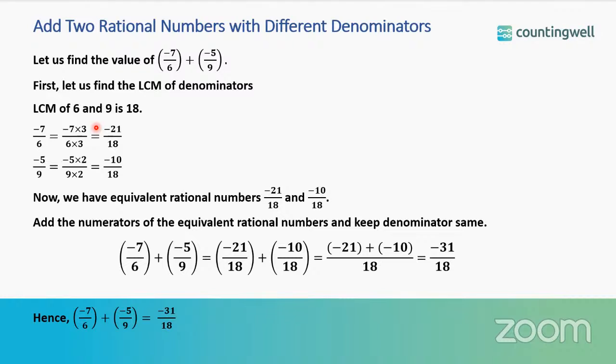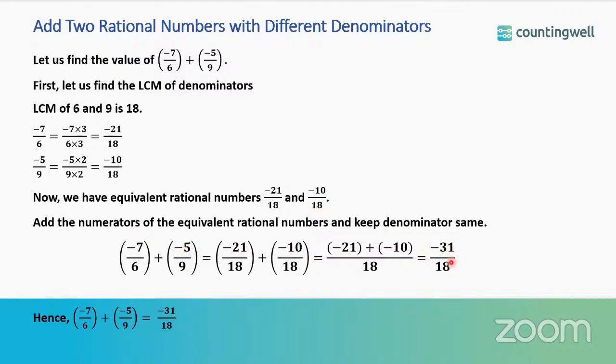Next, minus 5 by 9 is equal to minus 5 into 2 divided by 9 into 2, which will be minus 10 upon 18. Now that we have equivalent rational numbers, minus 21 by 18 and minus 10 by 18, we can add the numerators.